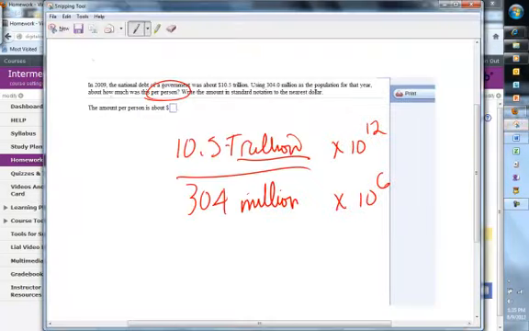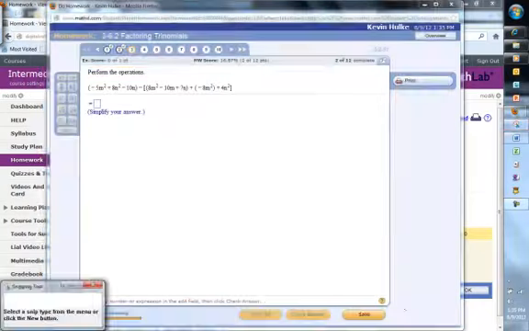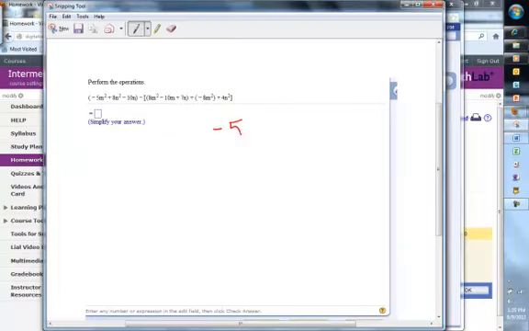Number two, perform the operation. So we're going to add these two together: negative 5m squared plus 8n minus 10n squared minus 10n.